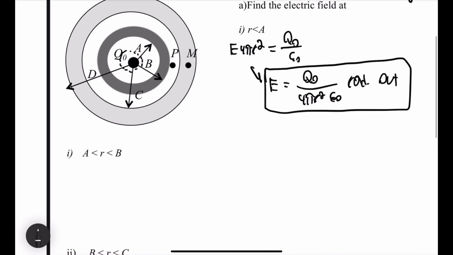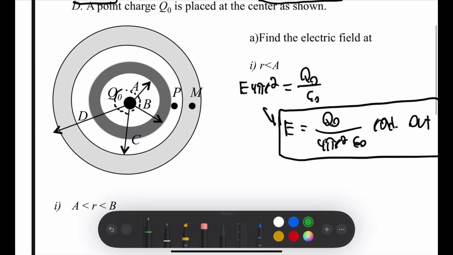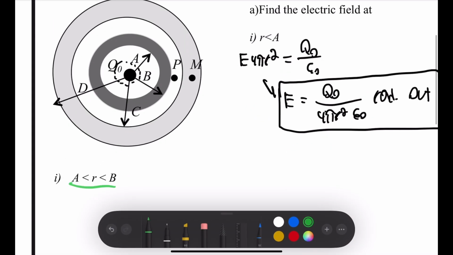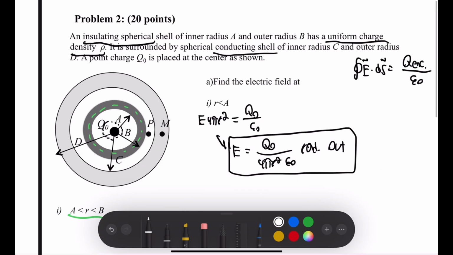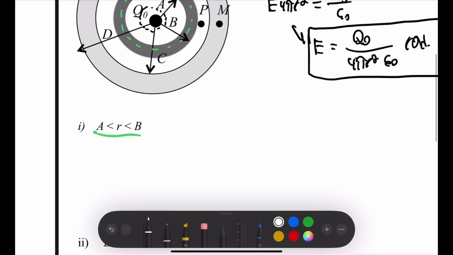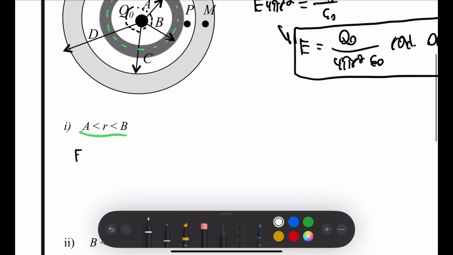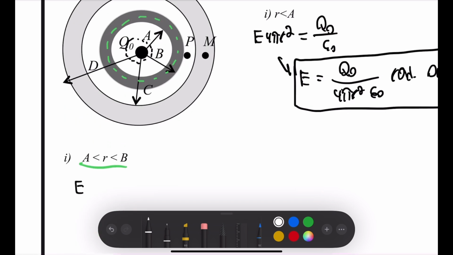So now for the next region, between a and b, and I'll put this in green, I'm in here now. And the problem said this is an insulating sphere with uniform charge density rho. So to solve this, we're going to have E, and the left side's always going to stay the same, so long as it's still a sphere.